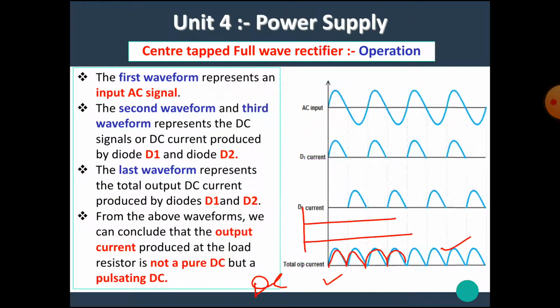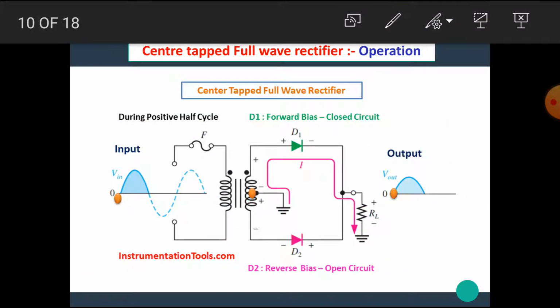In this diagram, we can see here that during the positive half cycle, the diode D1 conducts and output appears across the load. During the negative half cycle, let's see once again. During positive half cycle, diode D1 conducts and output appears across the load.